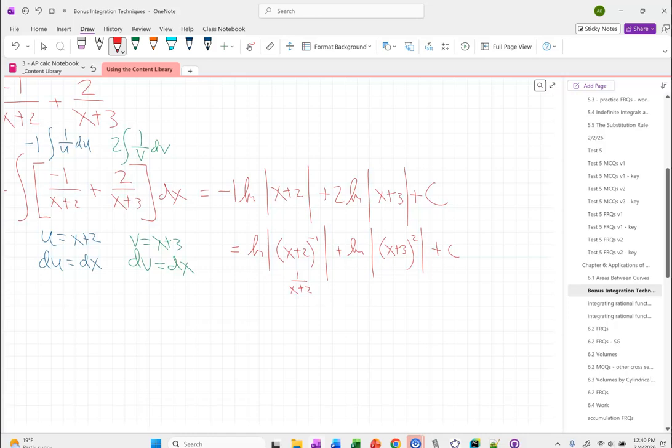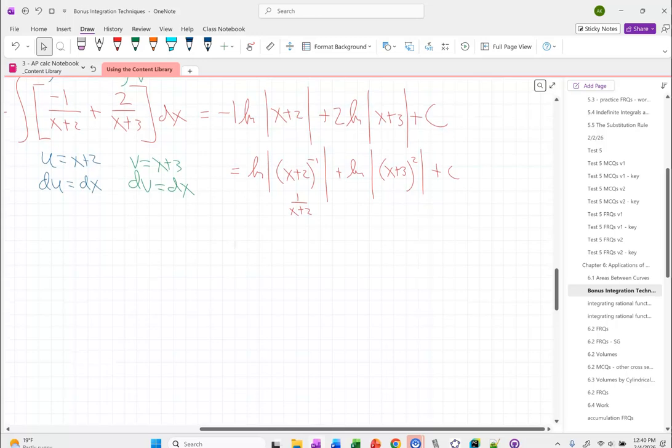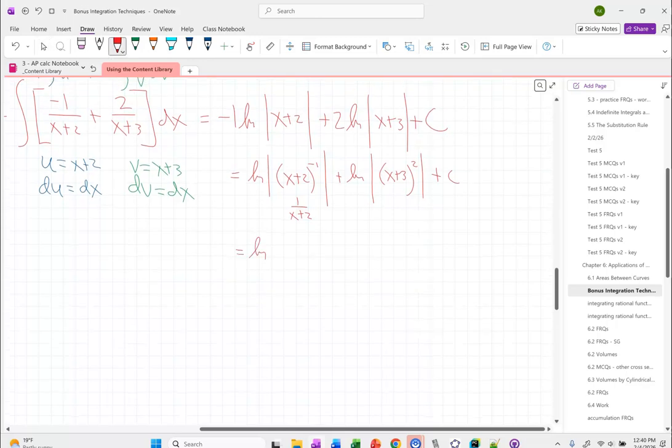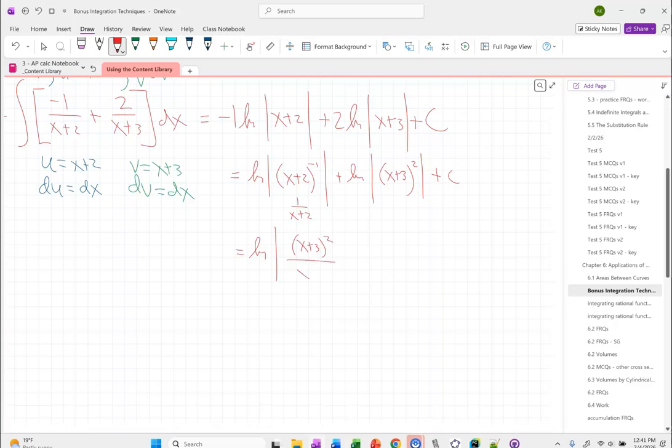And then the sum of two logarithms can be the product inside the logarithm. That's how they write it as a multiple choice solution. They would just condense the logarithms down into a single log.